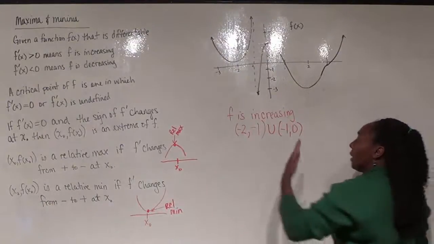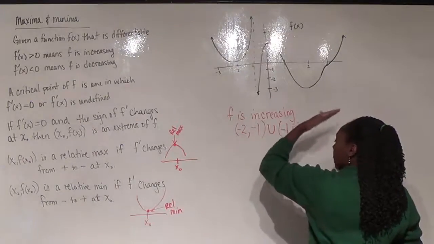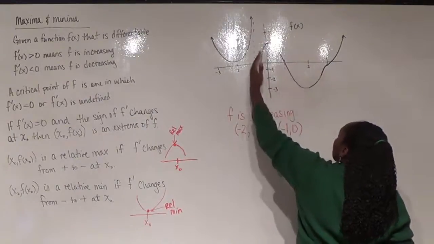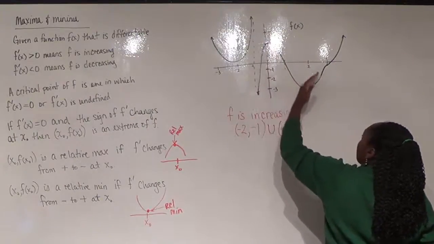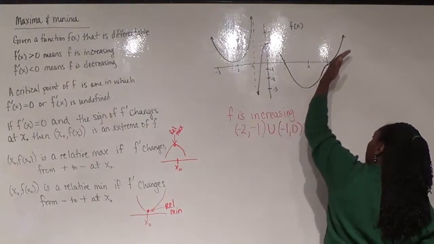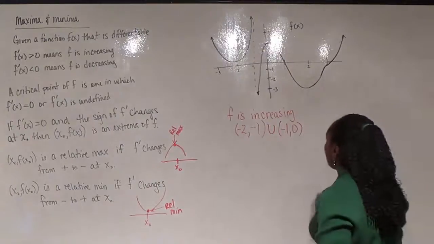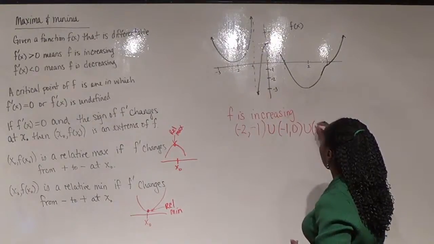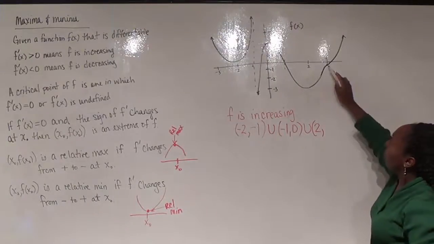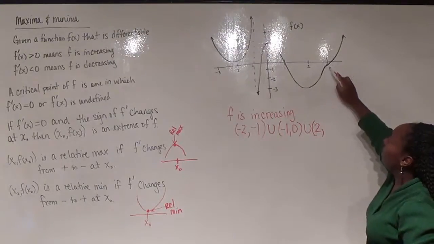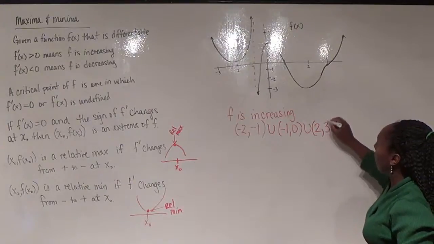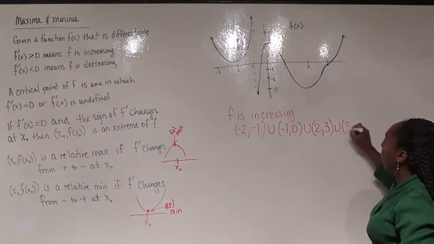So anytime my slope is going in a positive slant, I know it's going to be an increasing function. So from 0, this isn't quite positive, but then here at positive 2, again, I'm back to an increasing slope. And then I've got this weird point where it levels out and then goes back up. So here again, from 2 to 3, and 3 to infinity.